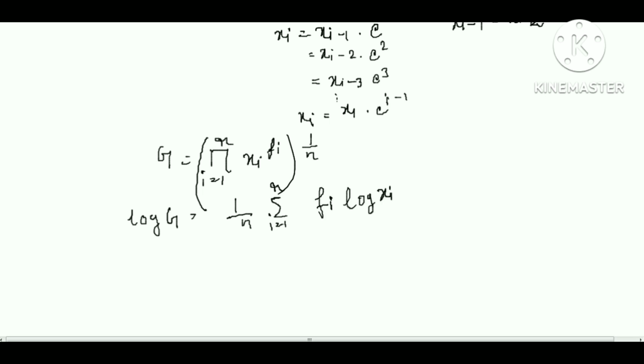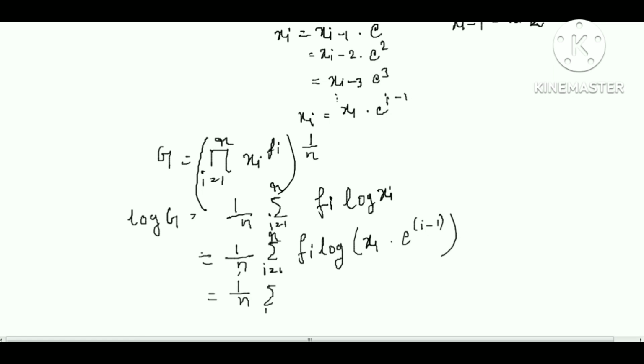Again, if we replace this x_i with x1 into C to the power i minus 1, then we have 1 by n summation i from 1 to r f_i log of x1 into C to the power i minus 1, or 1 by n summation f_i times log of x1 plus (i minus 1) log of C.